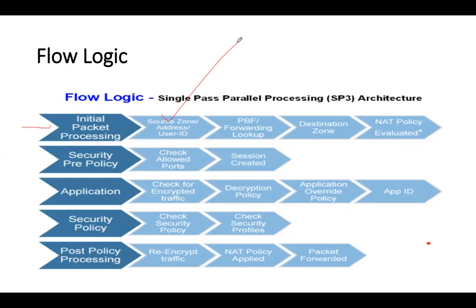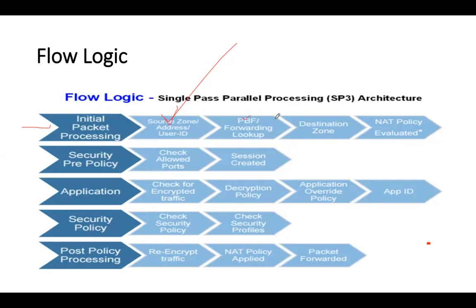So zones are basically created in Palo Alto. Trust zone and untrust zone. There is no concept of security level here like in a Cisco firewall. So zones are created, and whether the zone is allowed or not, that check will happen first.